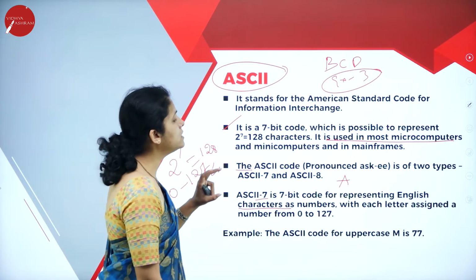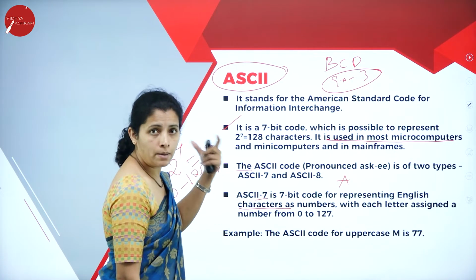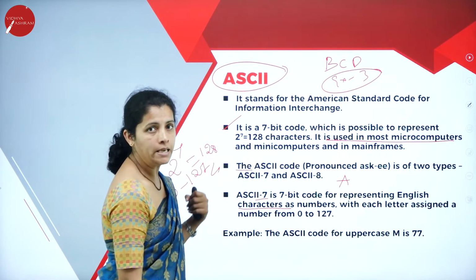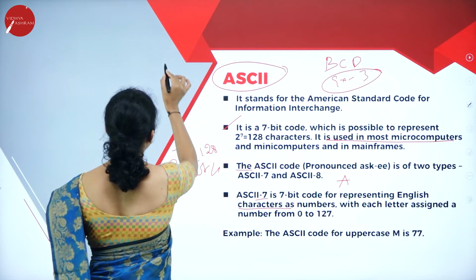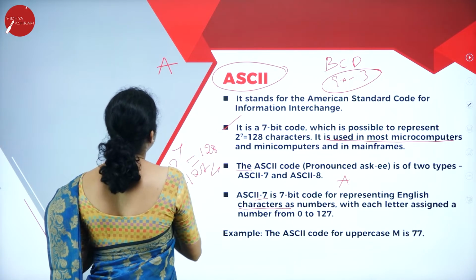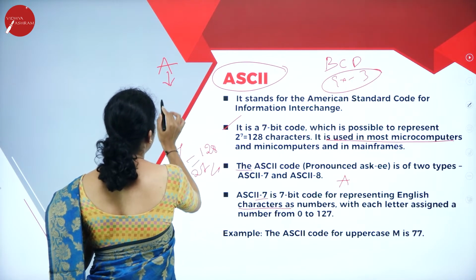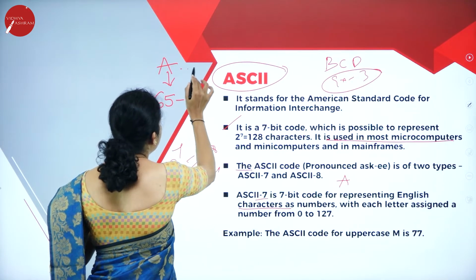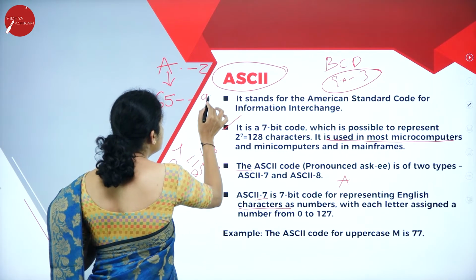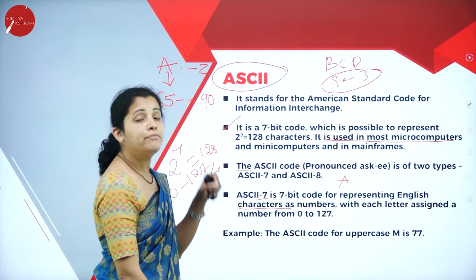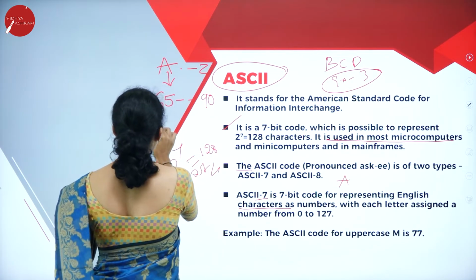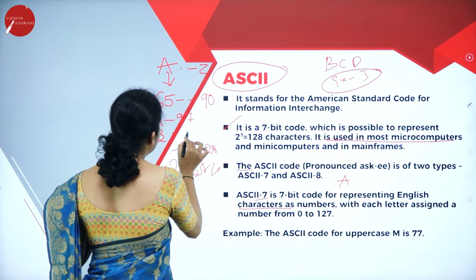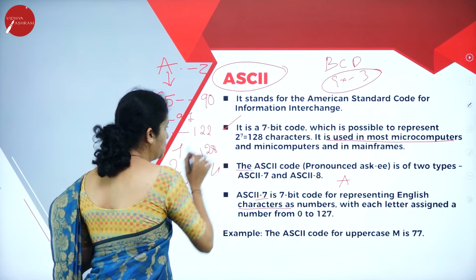That means whatever character or number I press is converted into ASCII. For example, if I consider capital letter A, then what's the ASCII code for A? It is 65. And if I consider Z, then it is 90. And if I consider small letter a, then it is 97, and z, it is 122.